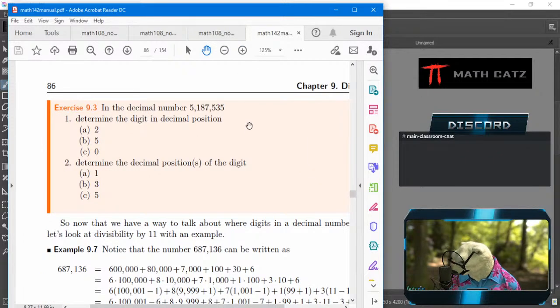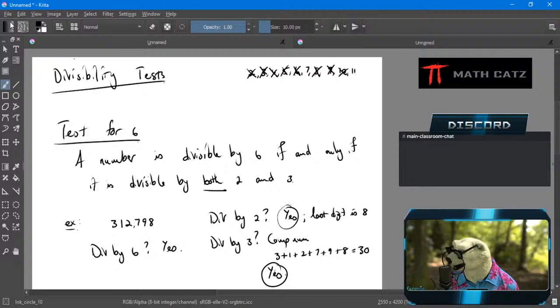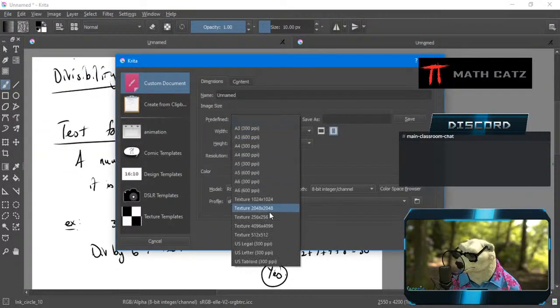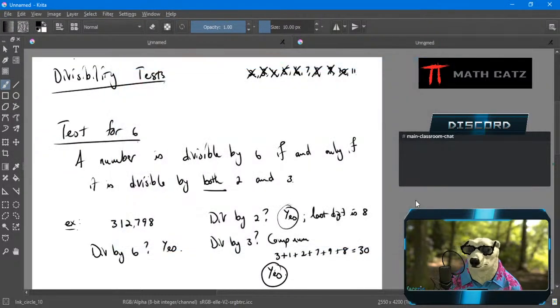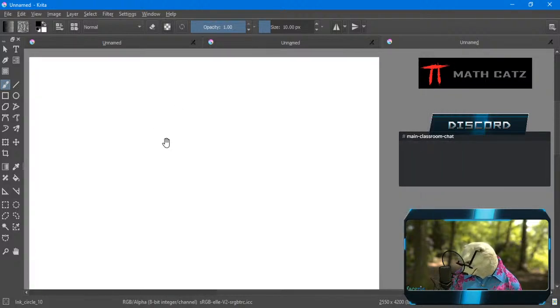with the words. So if I look at a number, I'm going to introduce the concept of a decimal position of a digit. So I'm just going to copy this number to do a little bit more than the exercise does, but we'll do that exercise to clarify what we mean. Okay, so here's my example number. 5,187,535. Big number.